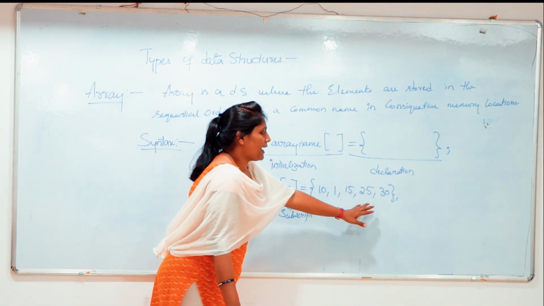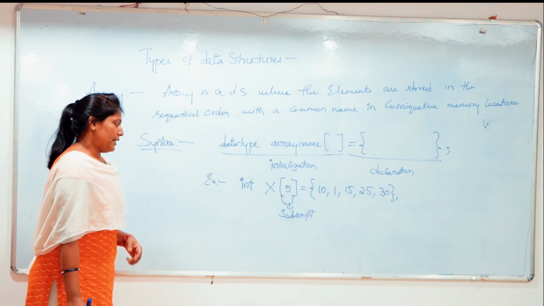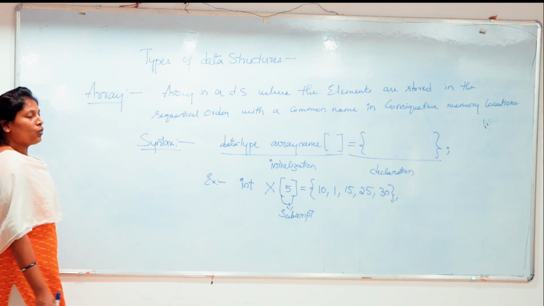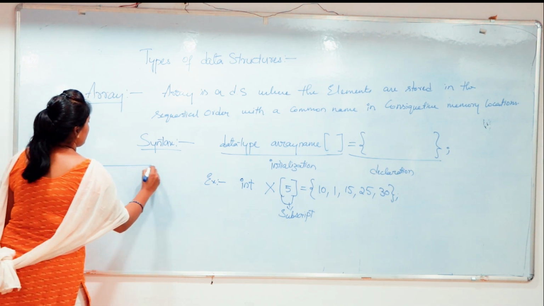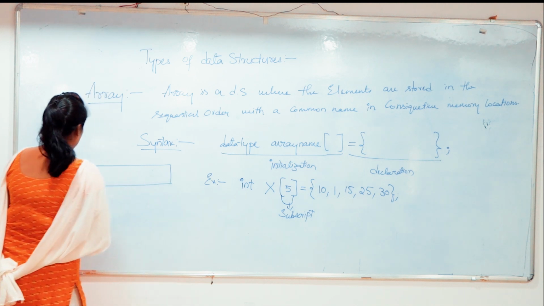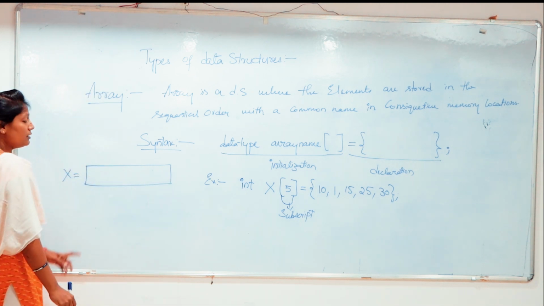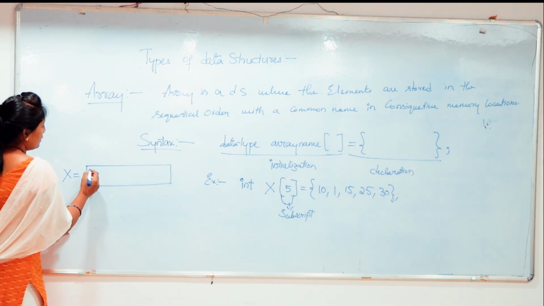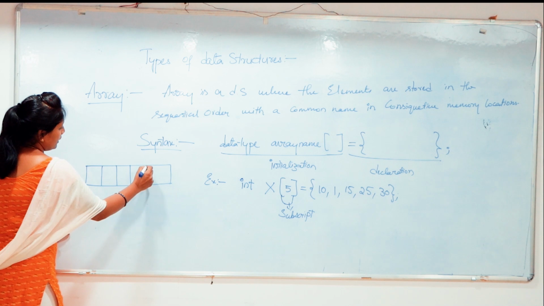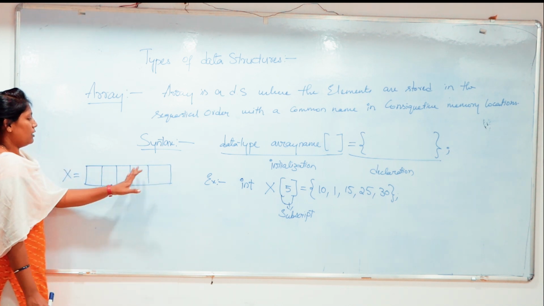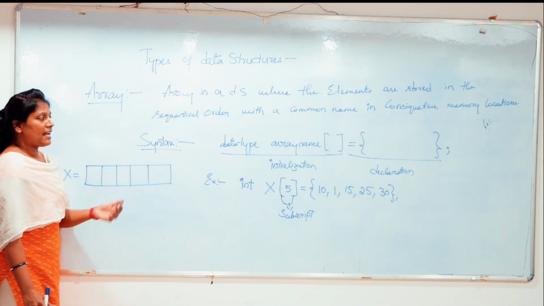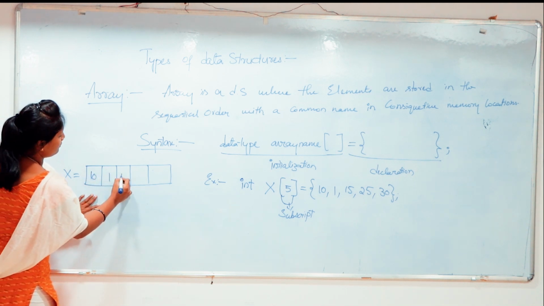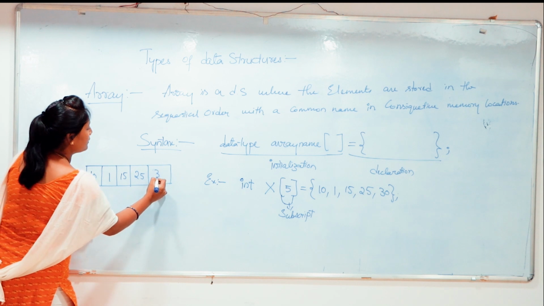Now, these are all the elements we will be storing in our array. Let us see with a diagrammatical representation how this data will be stored in an array. X here, as we are storing the elements in this data structure. Now, 1, 2, 3, 4 and 5. In sequential order the elements will be stored, and these are 10, 1, 15, 25 and 30.